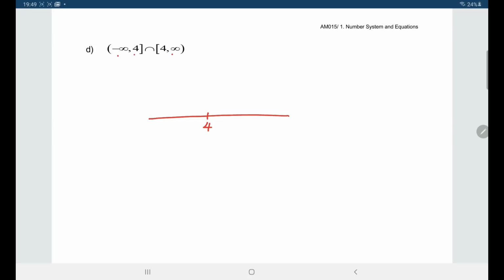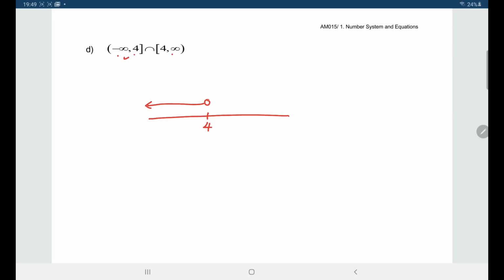After that, represent the first interval on the number line. The first interval is negative infinity to 4. So we draw number 4 to the left.